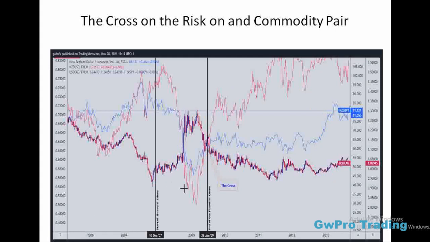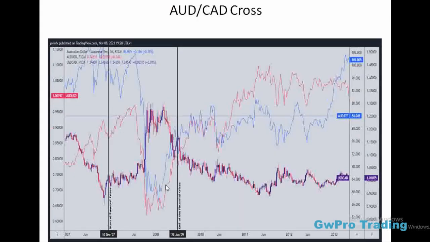All right, we had this cross here. So also what is reflecting in the current market is also the AUD as well. You can see this cross. This one went down, that one went up because of the USD weakness and also the AUD strength.